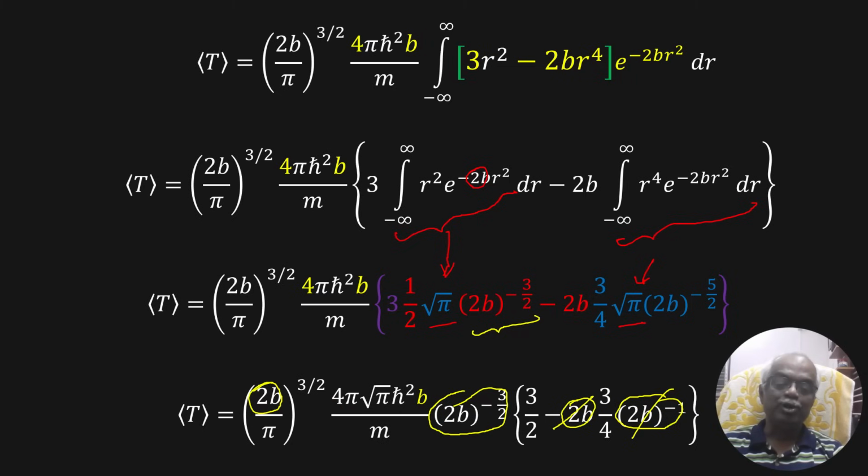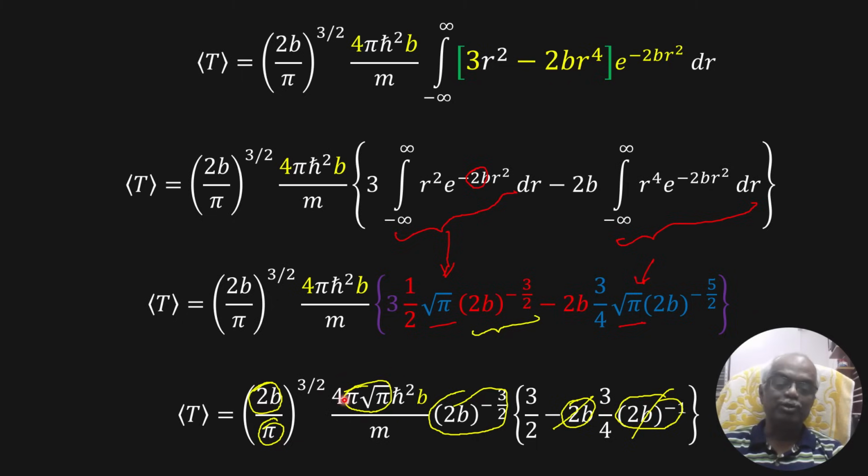Similarly, the pi power 3 by 2 in the numerator will get cancelled with the pi power 3 by 2 in the denominator.